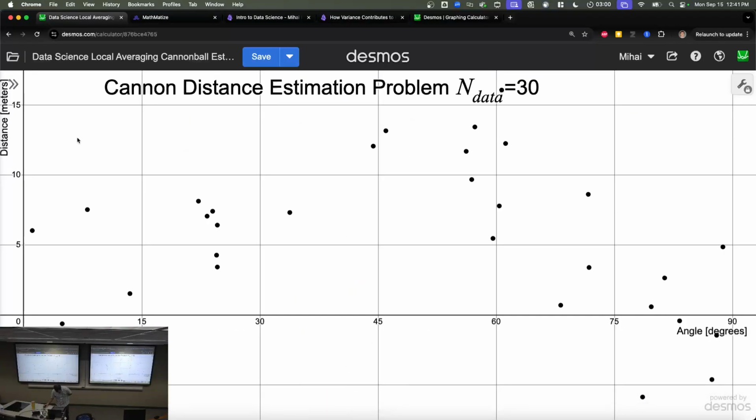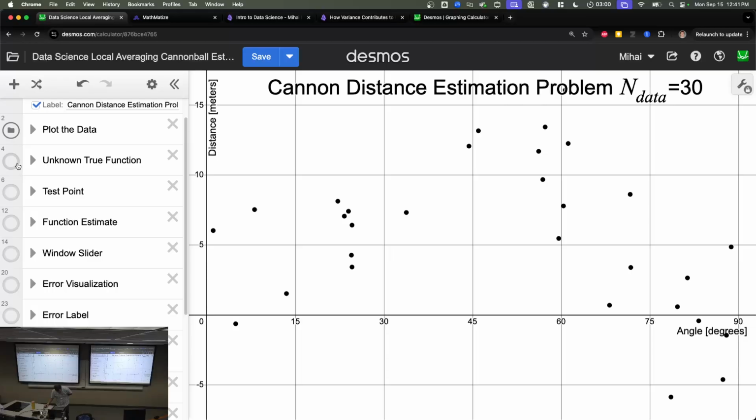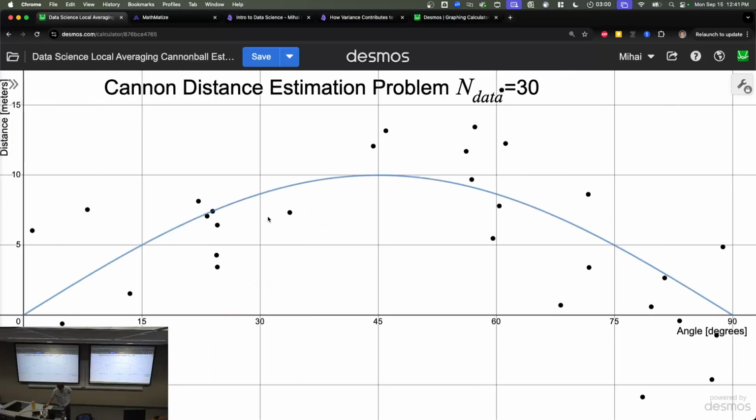Are you guys ready? In the cannonball problem, the unknown true function is this blue function over here. So this is the f. And on average, when you shoot a cannon at 45 degrees, it will go 10 meters. That is what the blue is telling us, right? Of course, when we did our observation, it didn't go 10 meters because there was extra noise.